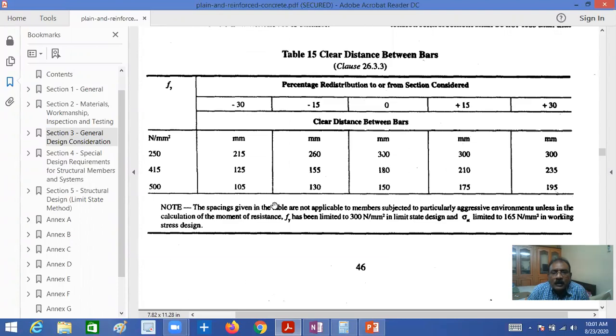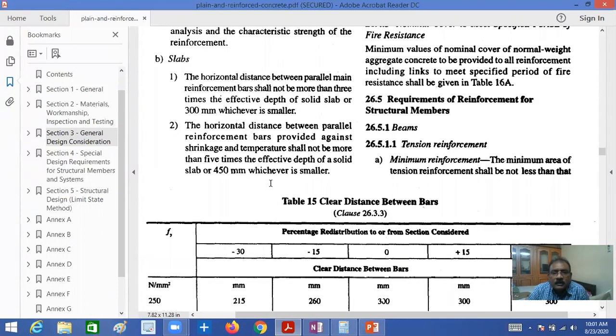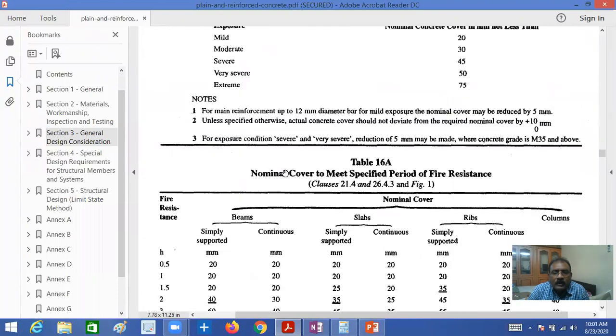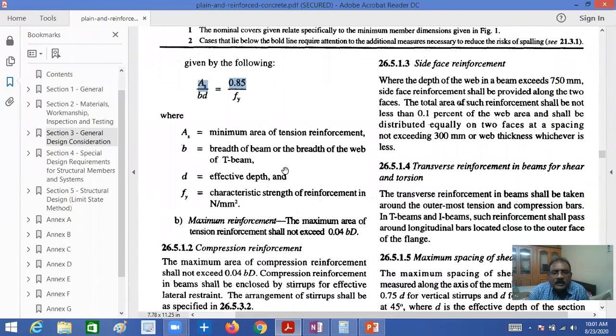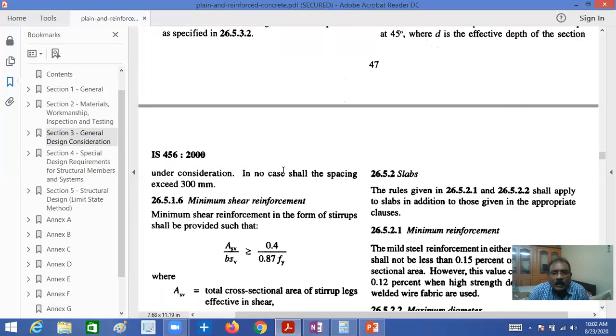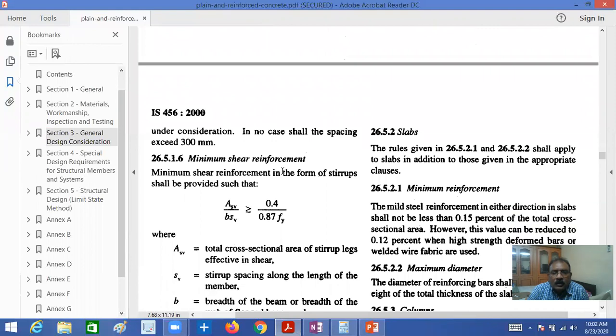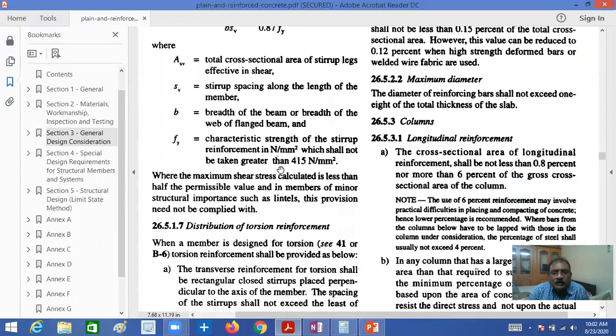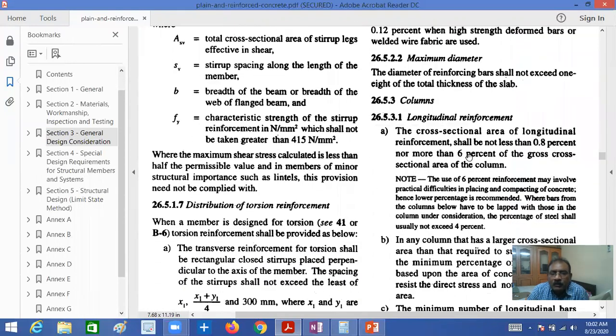Okay, as per clauses 25.5.1 and 5.3. And here also you can see the minimum percentage is given. Okay, and for columns, the minimum cross-sectional area of reinforcement shall not be less than 0.8% and not more than 6%. The maximum is 6%.